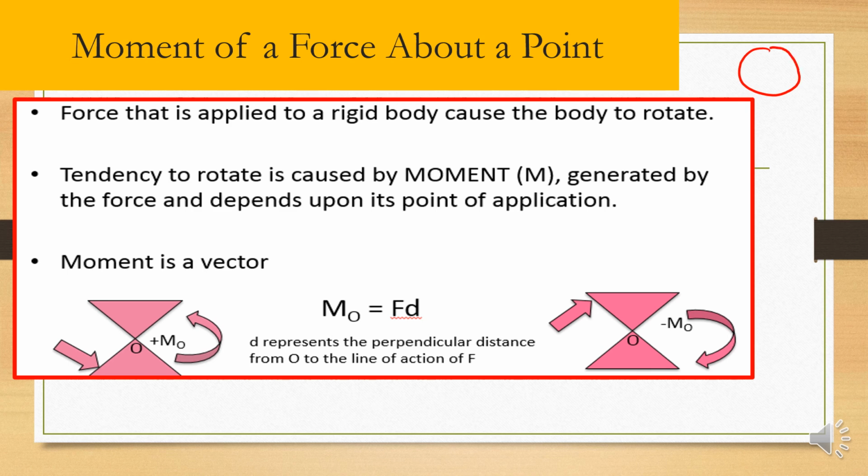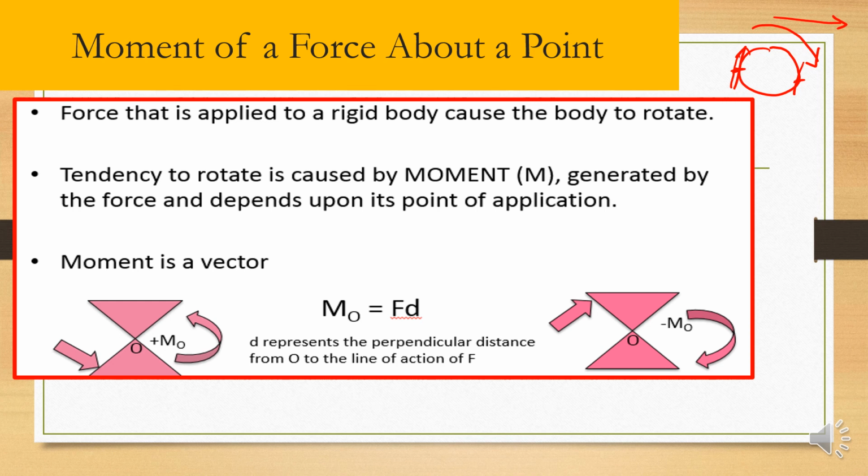For example, you want to turn your car to the right, and your two hands are holding the sides of the steering wheel. In order to move the car to the right, you need the steering wheel to rotate in a clockwise direction. So you apply a force with your palm on the side of the steering wheel, and when you apply the force, it causes the steering wheel to rotate.